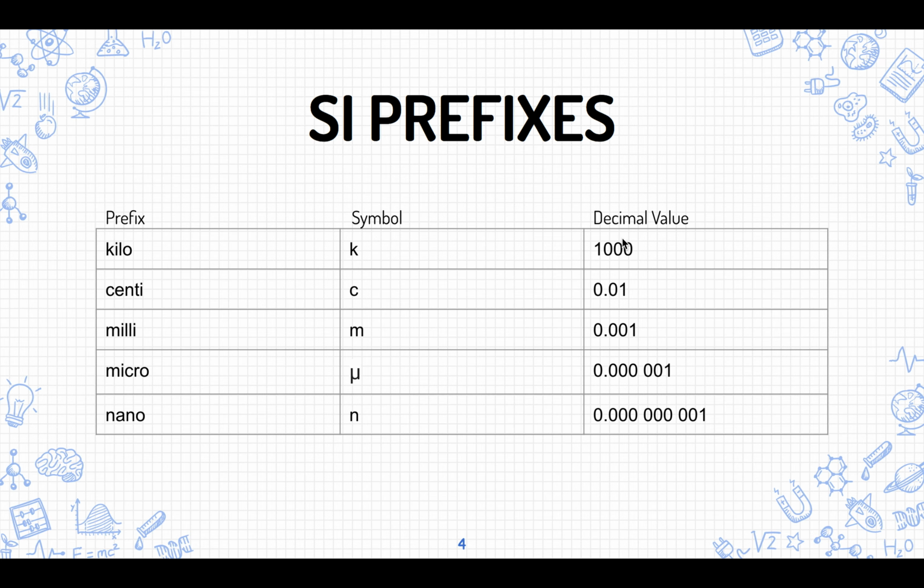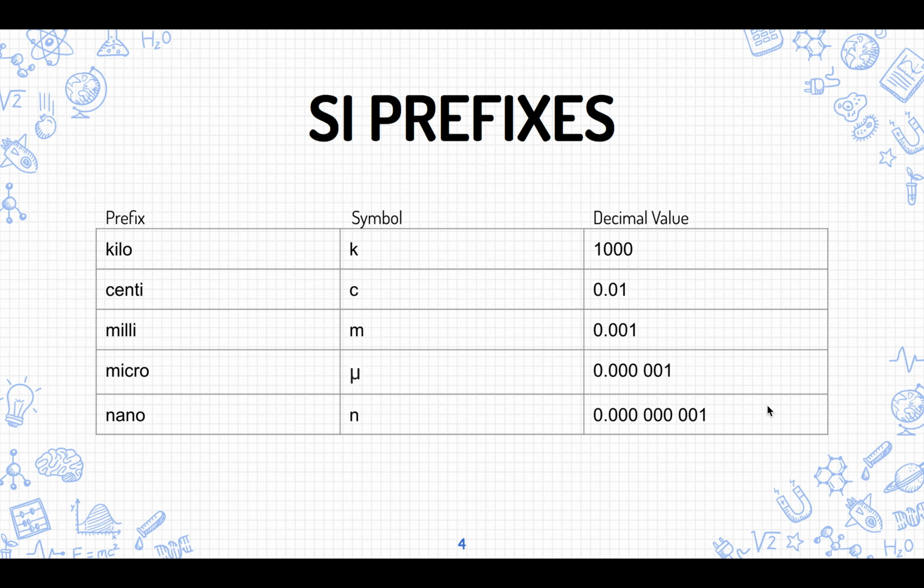How many kilos would be in 1 gram? It'd be 0.001 because there's this many grams in 1 kilo. So centi would be 0.01, milli 0.001, micro 0.000001. This is also 1 millionth.